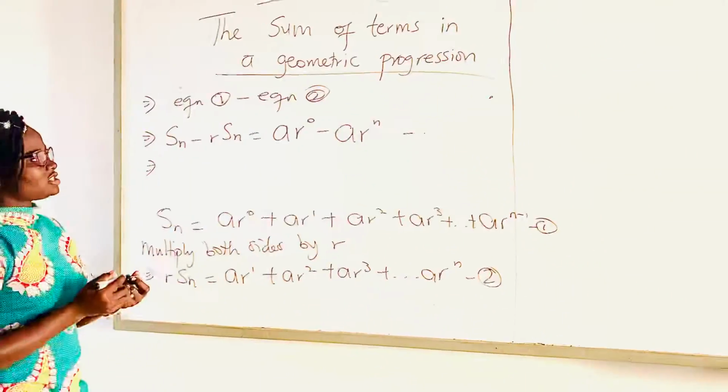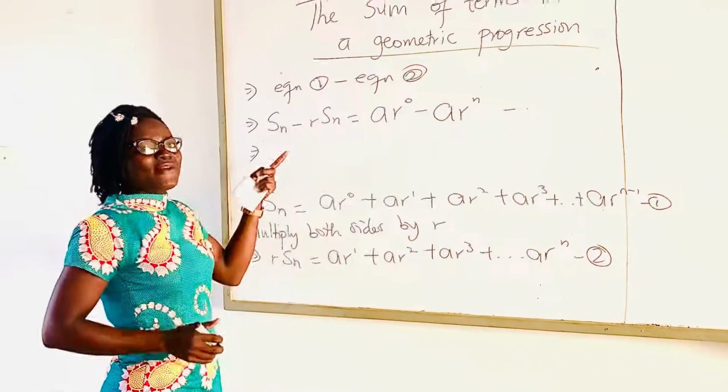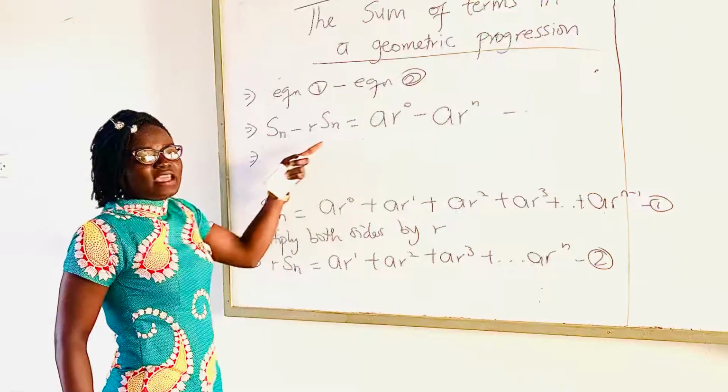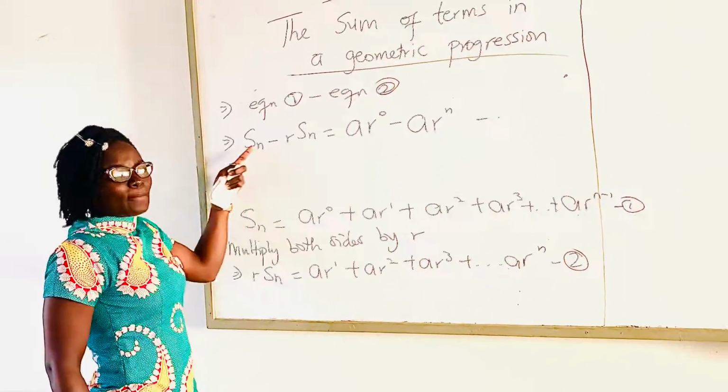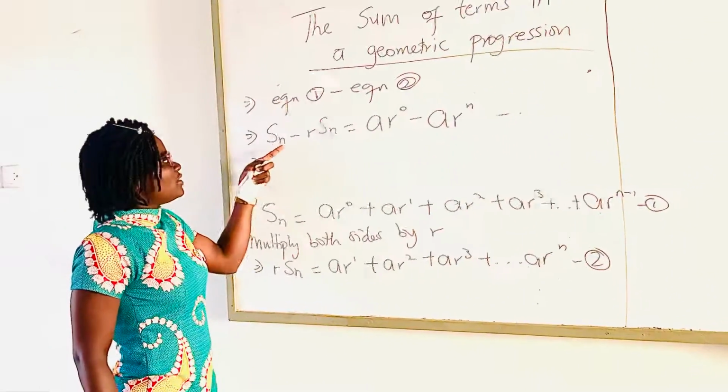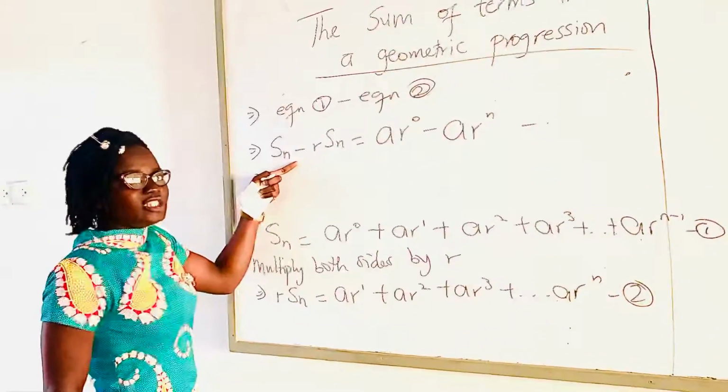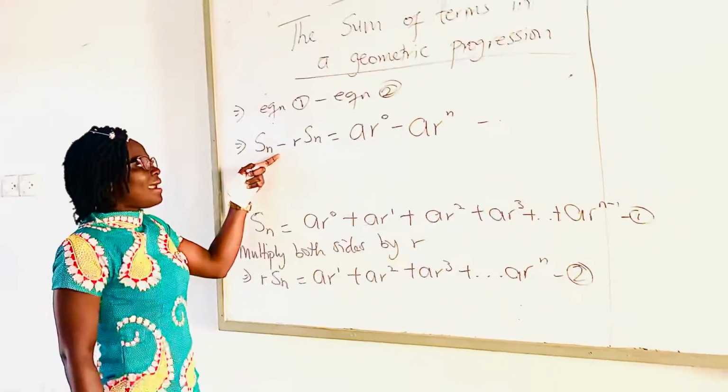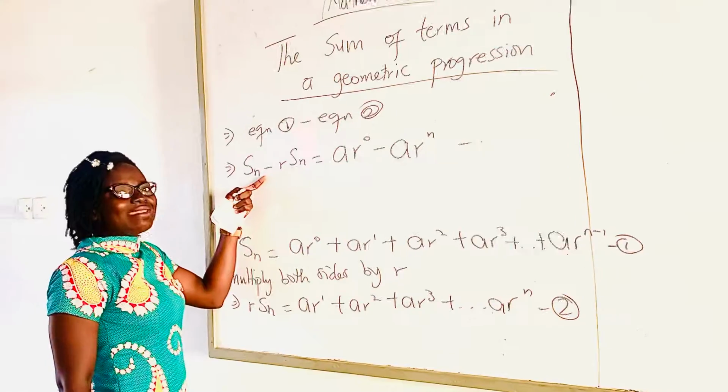When you finish, we can see that we can factorize some things out here. We have some common letters here. For the first part of the equation, we can factorize Sn out.